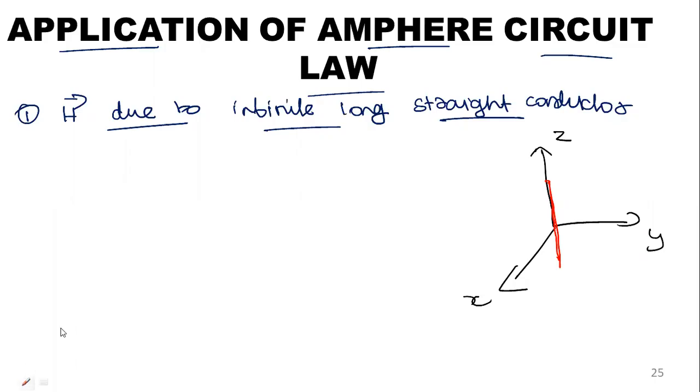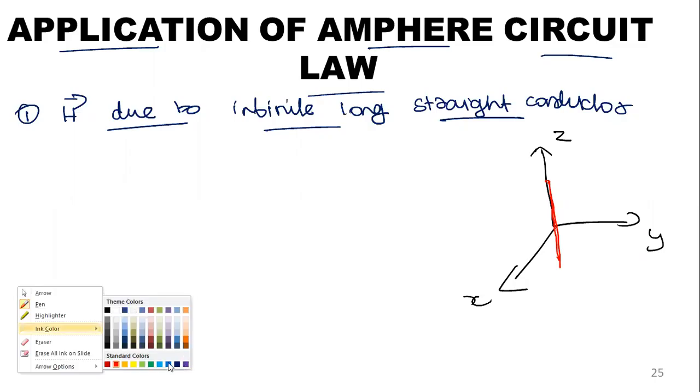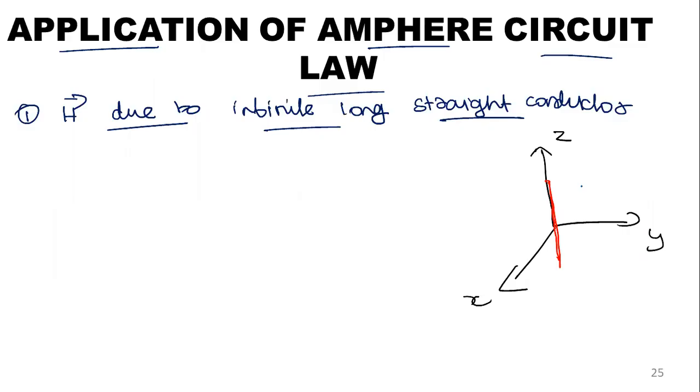I'll use another color. First of all, like in Gauss's law, we should consider an Amperian path. There we took a Gaussian surface. Here we should take an Amperian path enclosing the current carrying conductor. That is what Ampere's law states, right? The integral of H dot dl is equal to I enclosed. So we consider an Amperian path and a point P here.